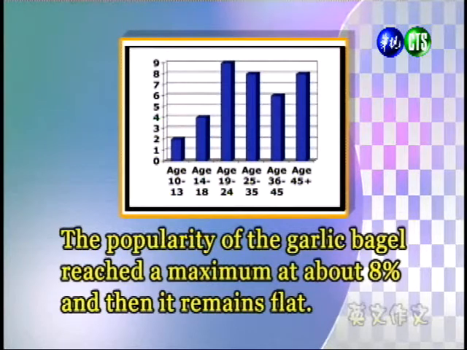And so it seems like there are some very big differences here, but if we compare it to other data results, then actually the differences are not so big. 好，那当我们在解读一张表格的时候，一件很重要的事情就是你要观察表格之间变化的程度。在这张图表上看起来感觉变化非常大，但事实上与其他不同种类的贝果相比之后，会发现其实它的变化并没有这么大。All right, and so as we look at this, we can write a sentence like, the popularity of the garlic bagel reached a maximum at about 8%, and then it remains flat.